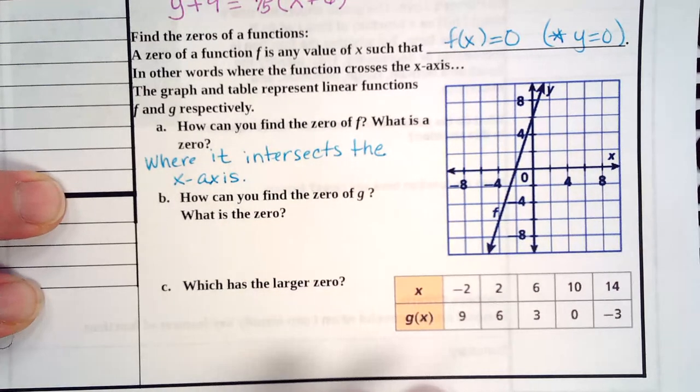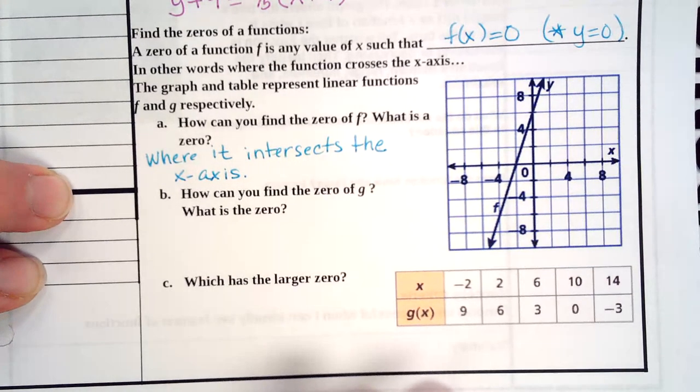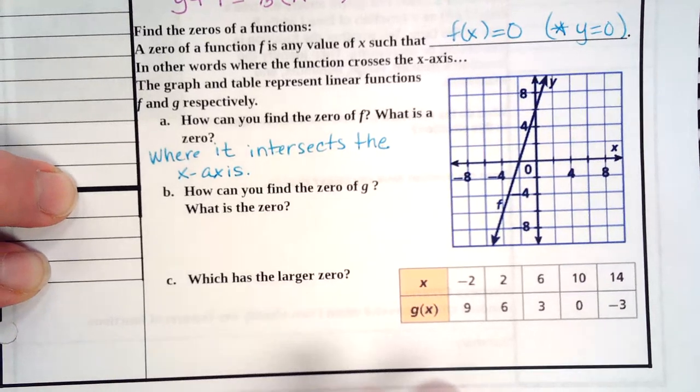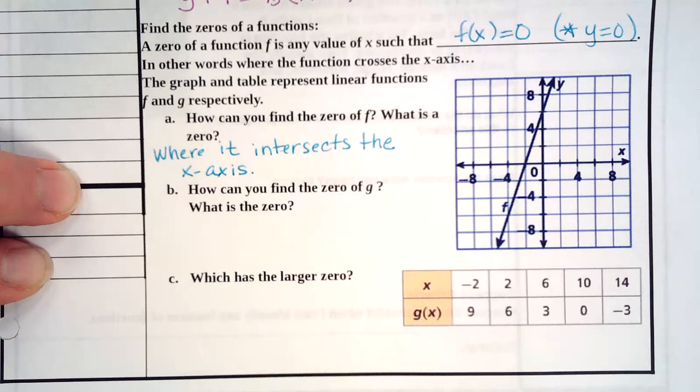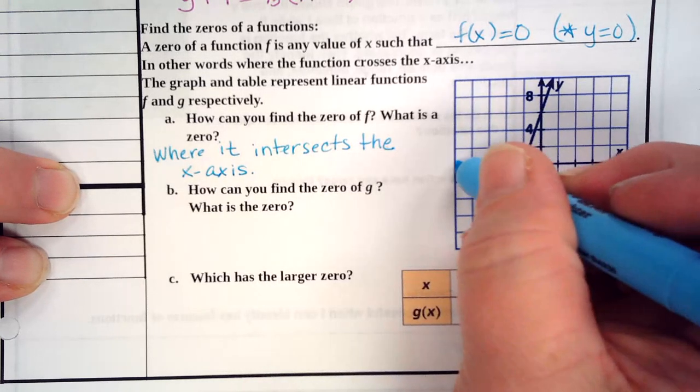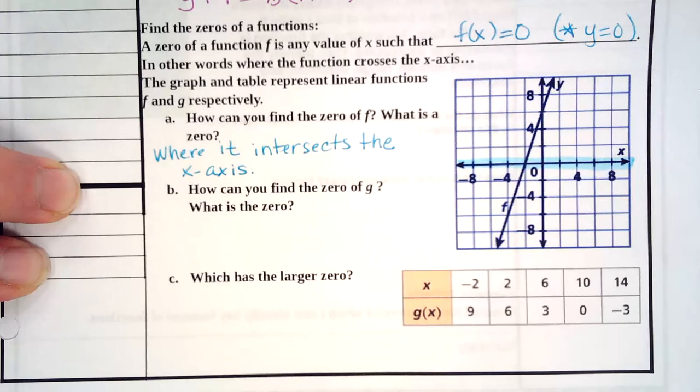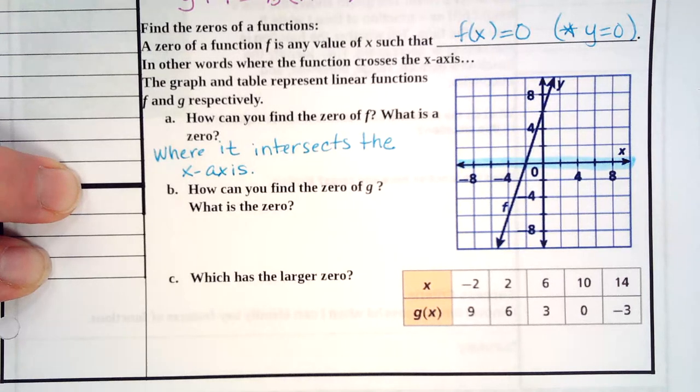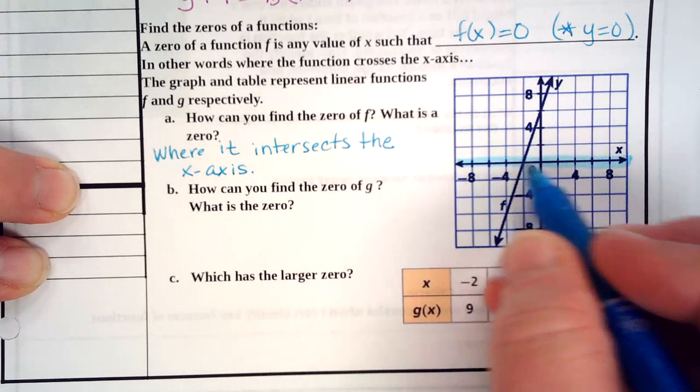Remember, we want y to be equal to 0. So the x-axis is where y is equal to 0 all the time. So if we're looking, where does it cross the x-axis?